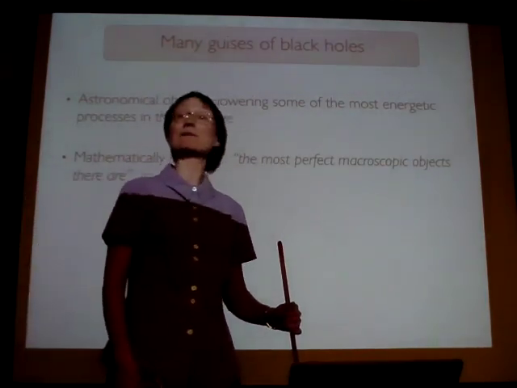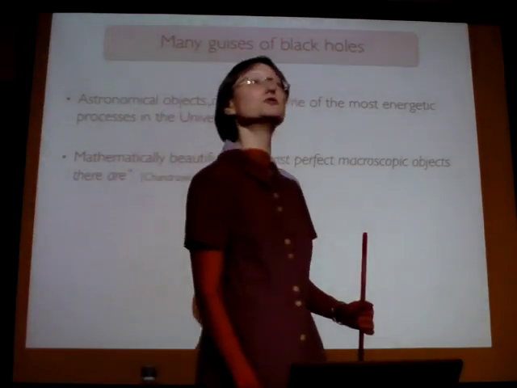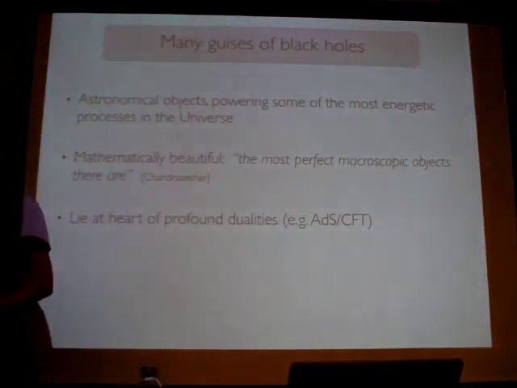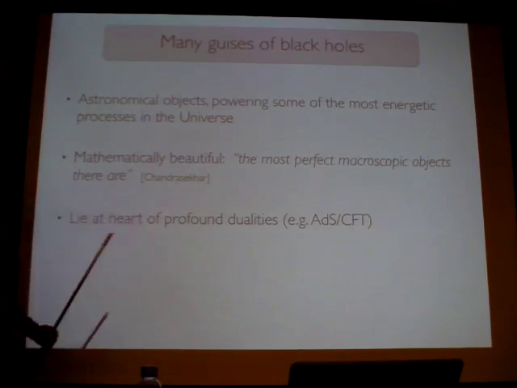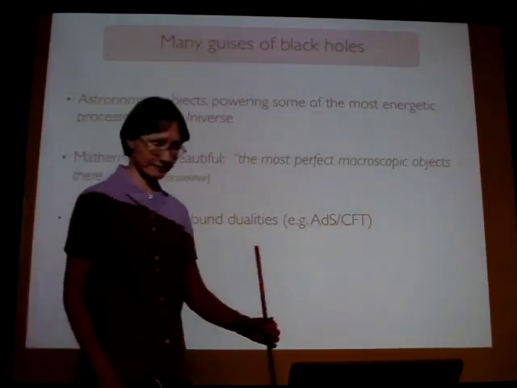Now, this mathematical elegance rendered them very useful theoretical laboratories, and over the years our explorations have been richly rewarded. Black holes lie at the heart of many profound dualities, such as the AdS-CFT correspondence, which I'll come to shortly.